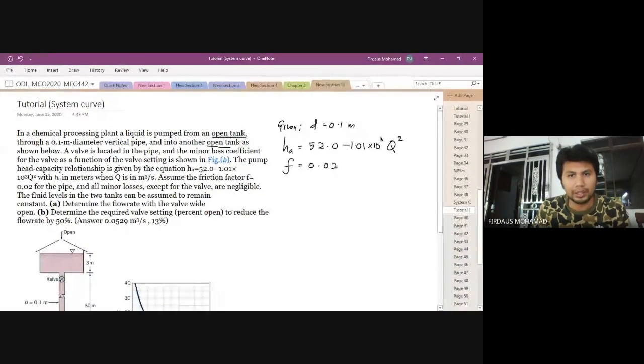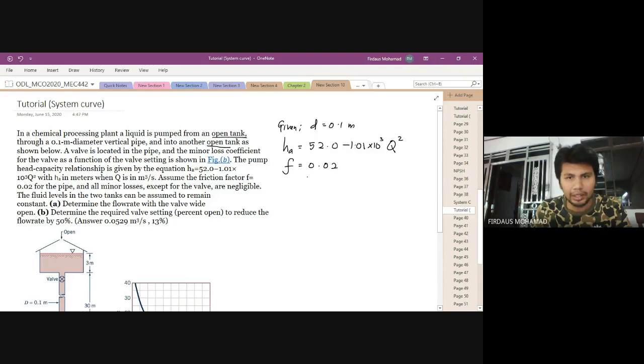So this friction factor is given so that you can find the major losses due to friction. All minor losses except for the valve are negligible, so you just consider the minor losses for the valve. The fluid levels in the two tanks can be assumed to remain constant.